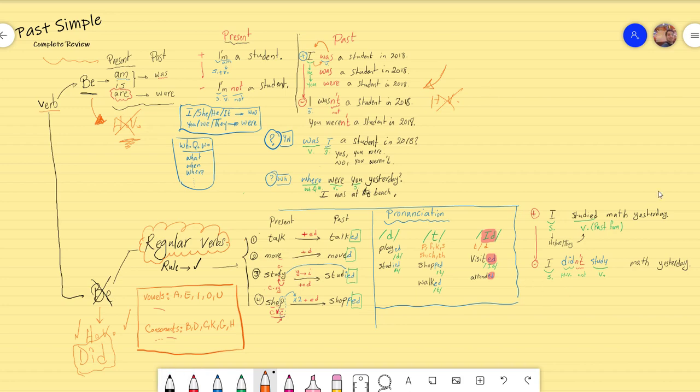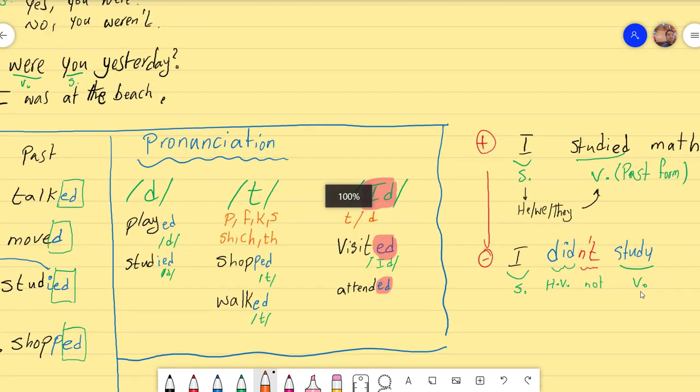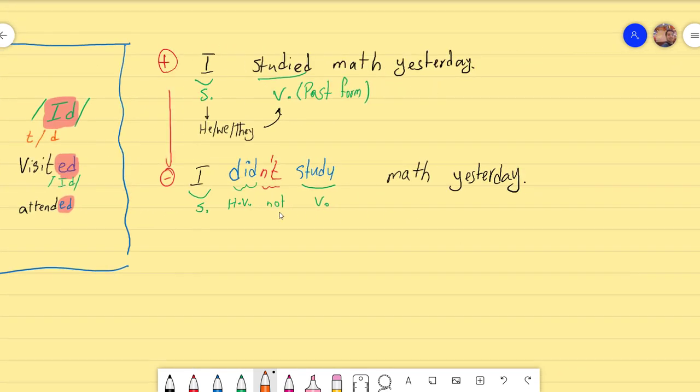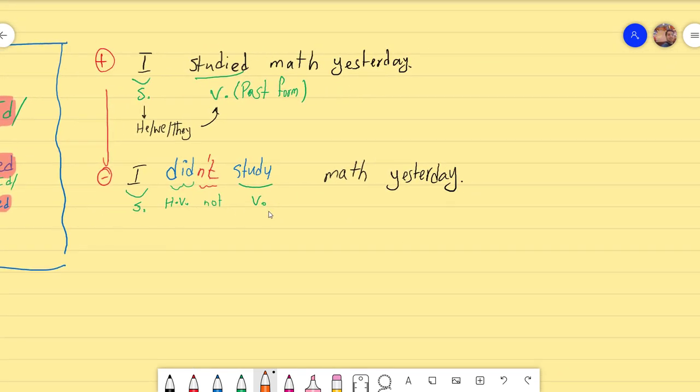So now, let's go back. So, the negative, I didn't study math yesterday. But one more question. Here, my verb is in past form. What happened here? This is in present form.